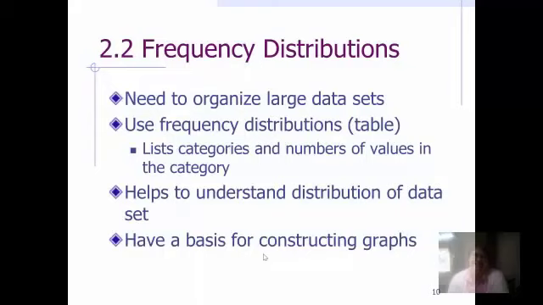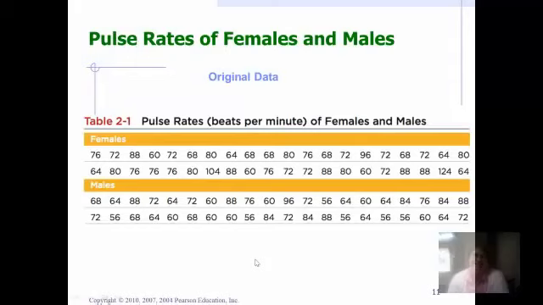So the first thing we start with is a frequency distribution table, and we do a little groundwork. It helps us to understand the distribution of the data set, and we also have a basis for constructing graphs.